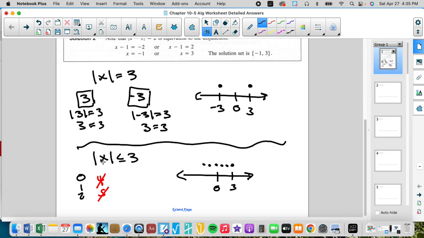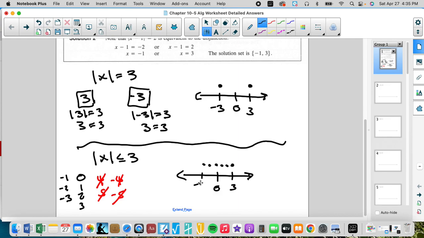Negative 3, the absolute value of negative 3 is 3. Is 3 less than or equal to 3? Yes. How about negative 4? The absolute value of negative 4 is 4, which is not less than 3, so negative 4 doesn't work. Negative 5 doesn't work, so nothing outside of here works.